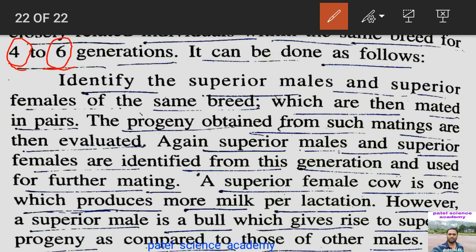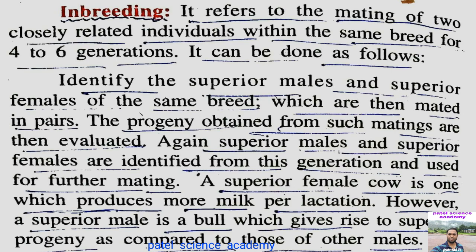If there is a process of mating between these animals of the same breed, you can understand this is inbreeding. It involves the breeding of closely related individuals for 4 to 6 generations. Let's see some advantages. Inbreeding increases homozygosity, and by inbreeding, pure lines of animals can be obtained.